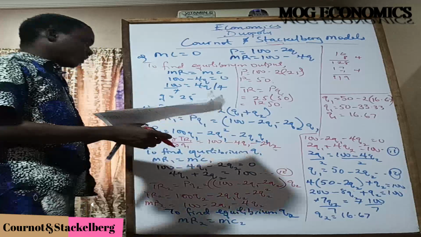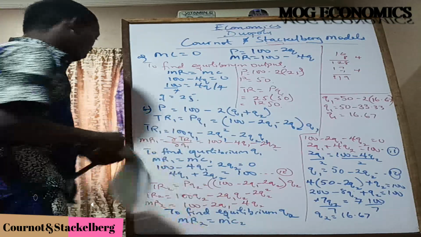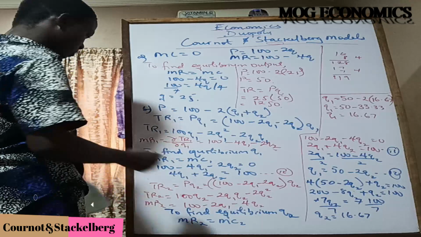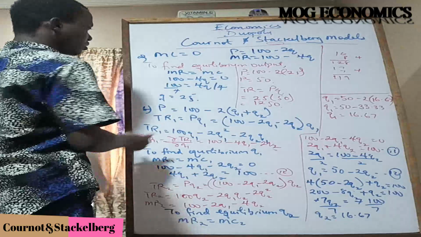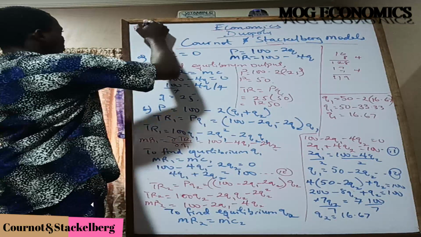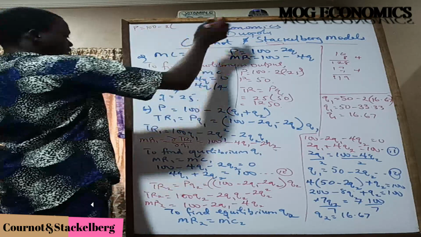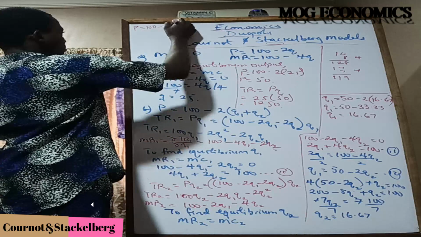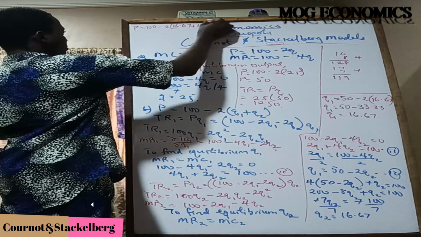What then is going to be the price? Let me do the price up here. So P is going to be equal to 100 minus 2 times (16.67 plus 16.67).